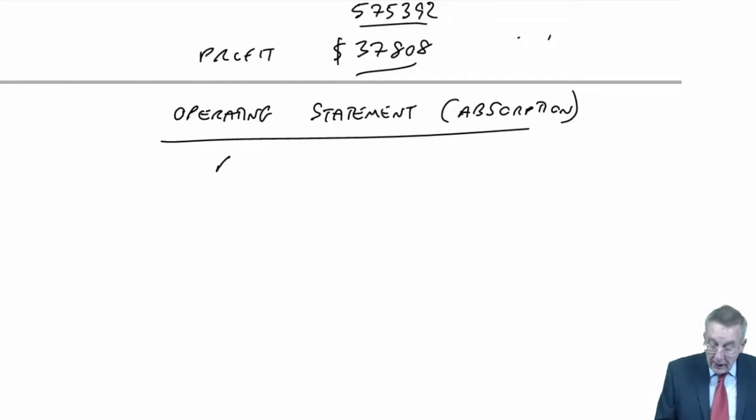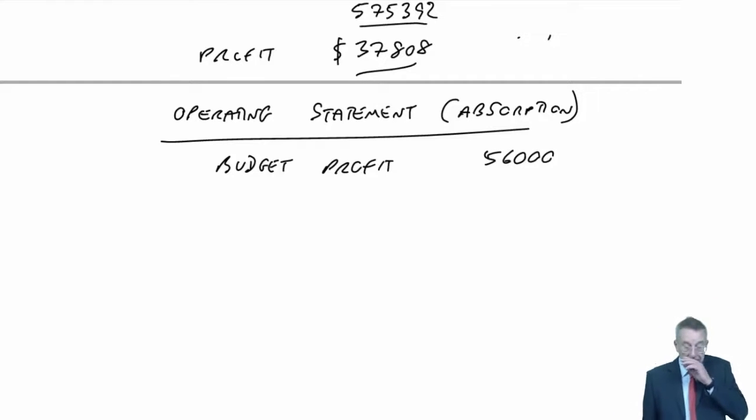As always, we start with our budget profit, and this time it's 56,000. Just like before, we're going to list all the variances to explain why the actual profit is different. And as you'll see, there are two differences, and I'll put an asterisk against them.